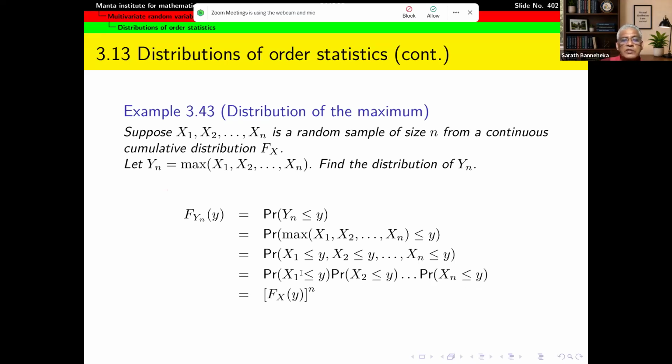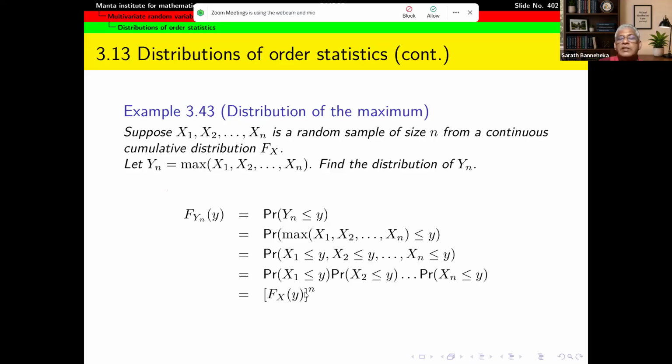Right. So each of these is a cumulative distribution function. This is the cumulative distribution function of X1 evaluated at y. This is the cumulative distribution function of X2 evaluated at y, and so on. But all the cumulative distribution functions are the same because X1 up to Xn are identically distributed. So that cumulative distribution function is denoted by F_X. So therefore, what you have here is F_X evaluated at y, to the power n.